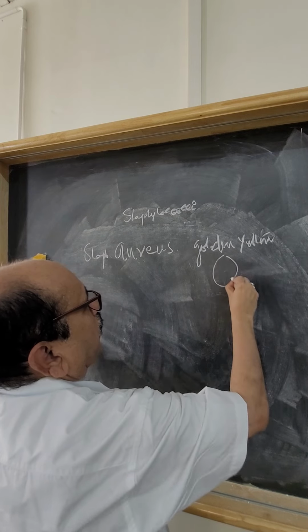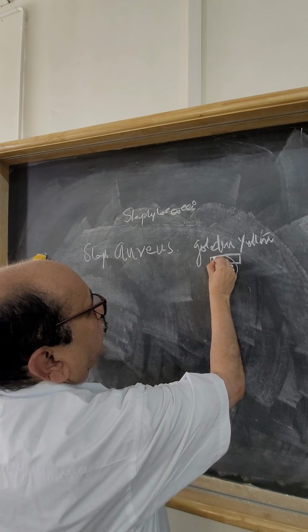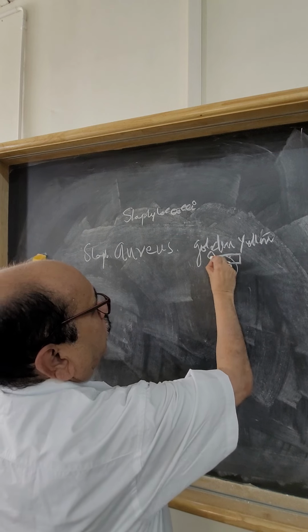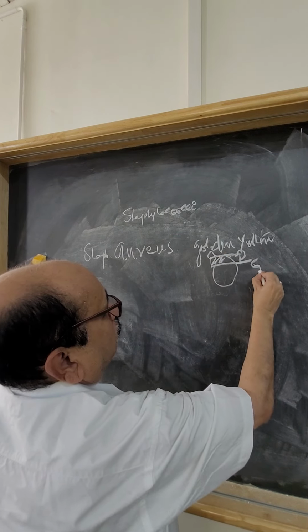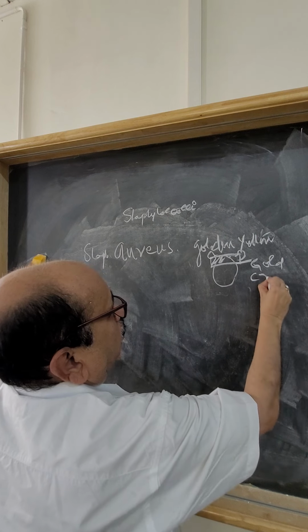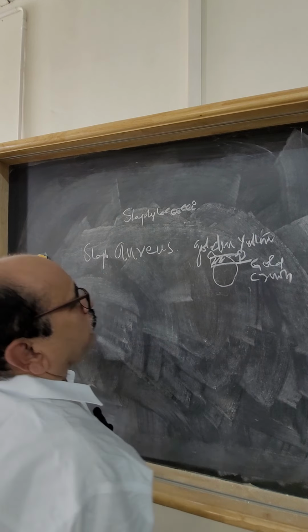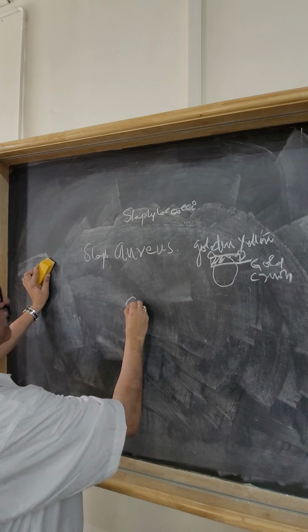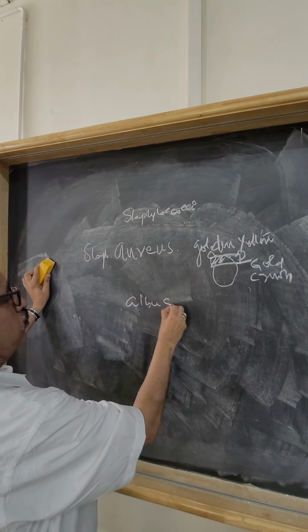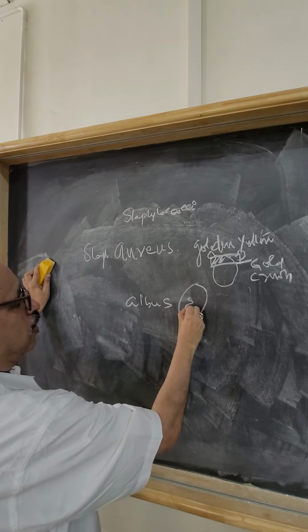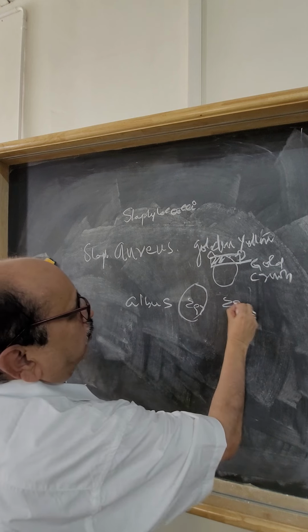Remember, king with gold crown. Golden yellow color. Albus, remember egg white.